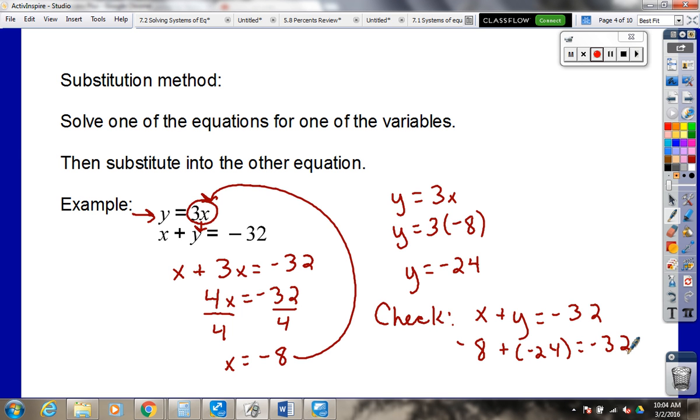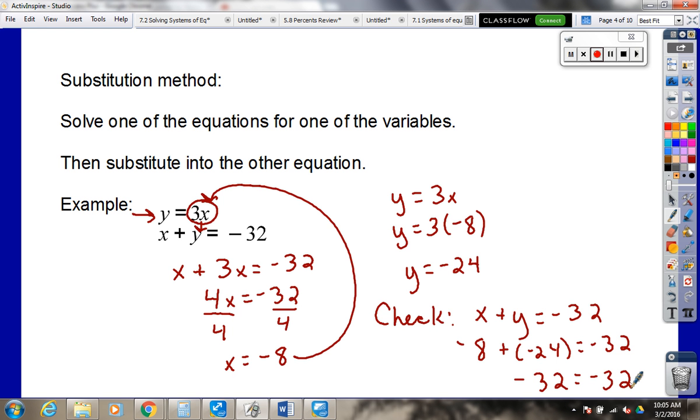Is negative 8 plus negative 24 equal to negative 32? Yes. So you know you did it right. When you take the quiz on this, you can be 100% sure that you did these right just by checking your answers. And then if you get something that didn't work, you know to go back. It's actually easier in these problems to completely start from scratch and redo them than to look for your mistakes. Sometimes it's really hard. Your mind kind of keeps making the same mistake over and over again.